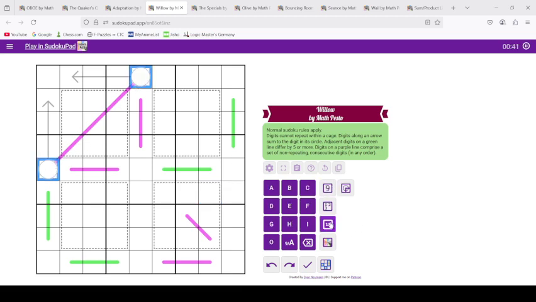These are at least a 6, because it's 3 cells, which has to be at least 1, 2, 3. 7, 8, and 9 can't go there.